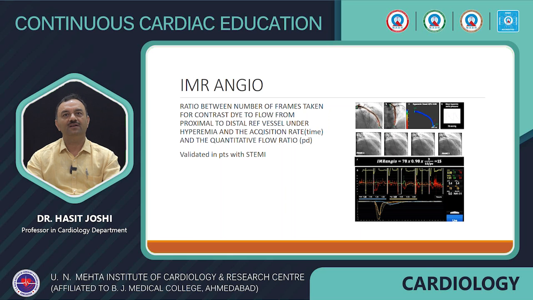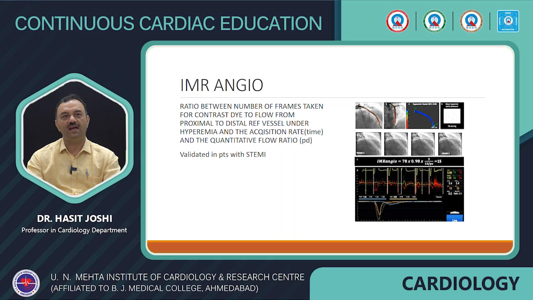The acquisition rate determines the time taken by the dye from proximal to distal area, and the quantitative flow ratio gives the pressure difference. This is validated in patients with MI with the conventional IMR, and hence this can provide a CMVO IMR without using pressure wires or thermodilution techniques.